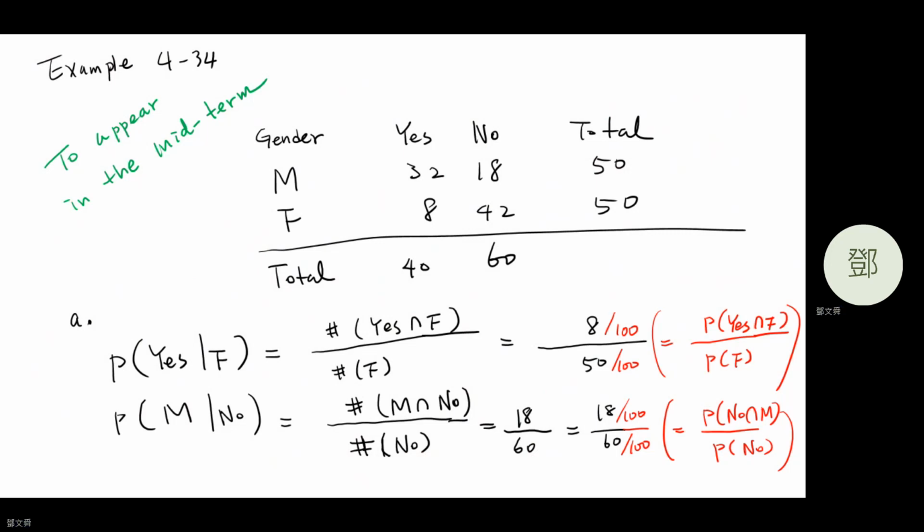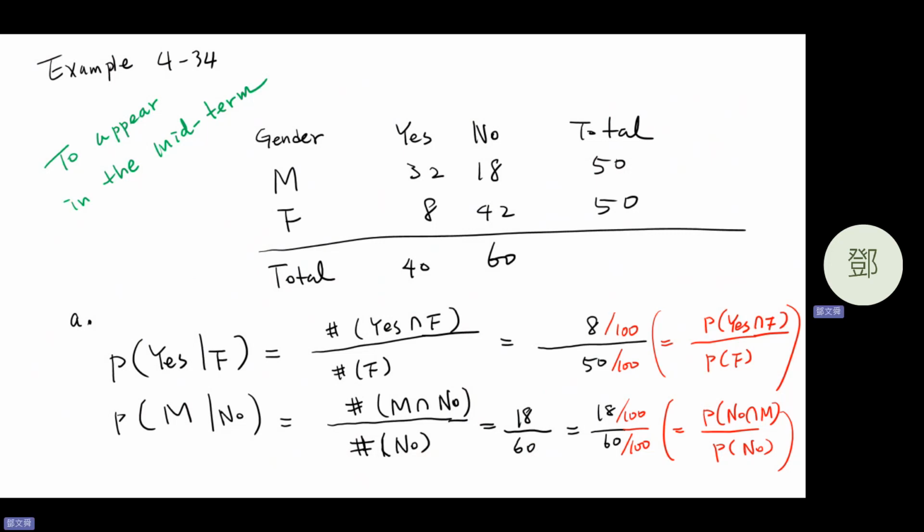Among 50 men, 32 say yes, and 18 say no. And among 50 women, 8 of them say yes, send women to the battlefield, and 42 say no, do not send them to the battlefield. The war is too brutal, too terrible.